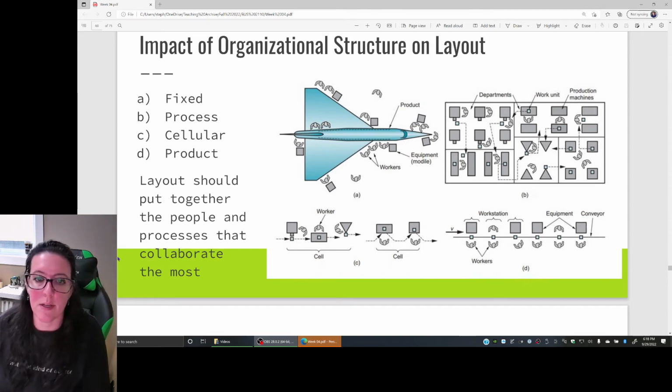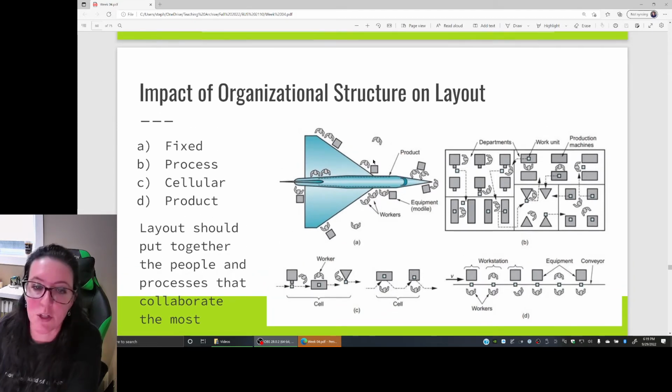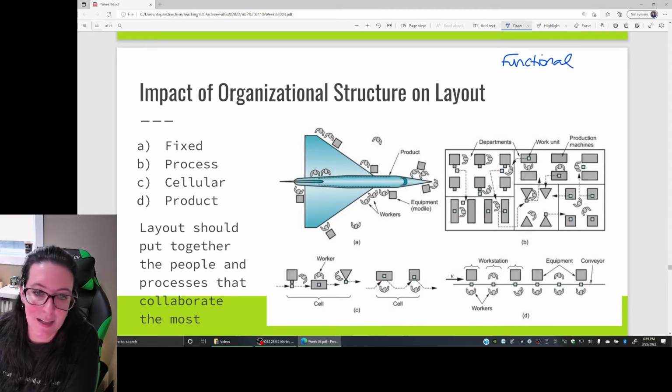The type of organizational structure that we choose will impact the layout of our facility. So let's go back and list the different types of departmentalization that we discussed in our previous video. So we had functional, so we group people based on task, HR department, marketing department.